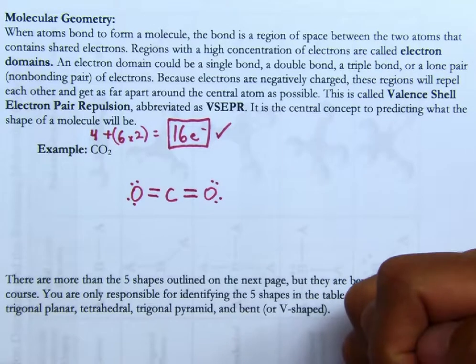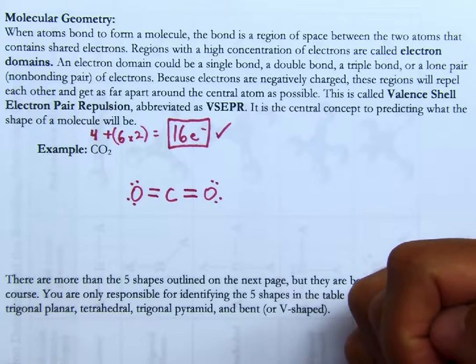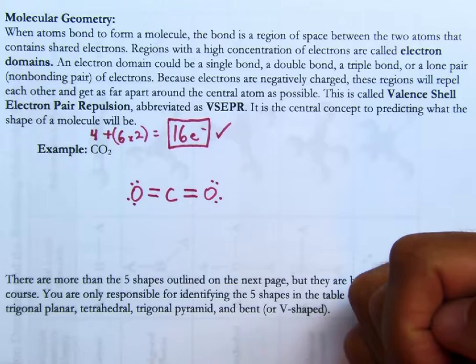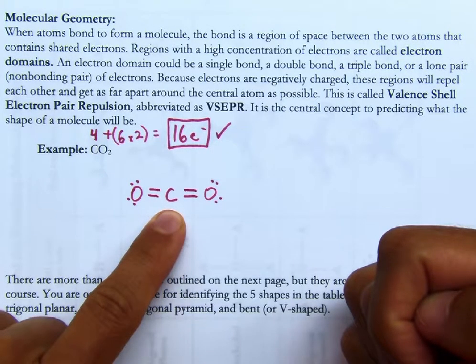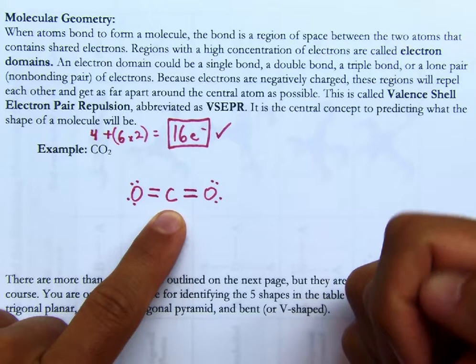Now, if you're trying to figure out what the shape of this molecule will be, you look at the central atom and see how many electron domains are around it.